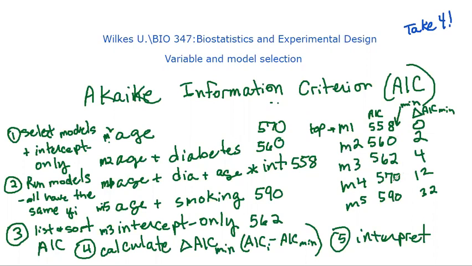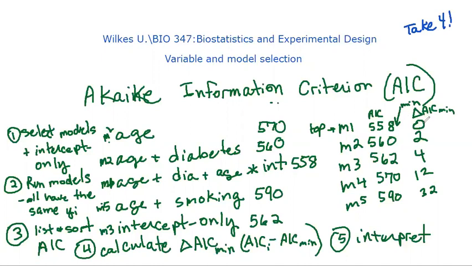If I just told you some model had an AIC of 570, that's meaningless. If I told you the top model had 558, now that's meaningful. As you get farther and farther from the top model, you explain less and less and less.